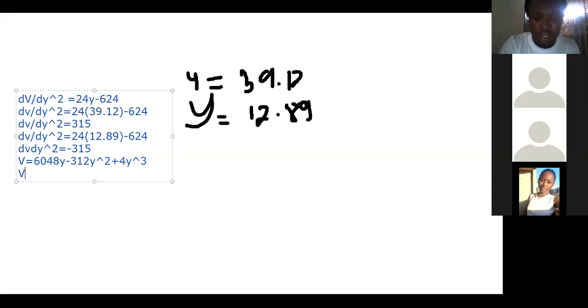So v will be equal to 6048 into bracket 12.89 minus 312 into bracket. Please do the computations and let me just write the answer.